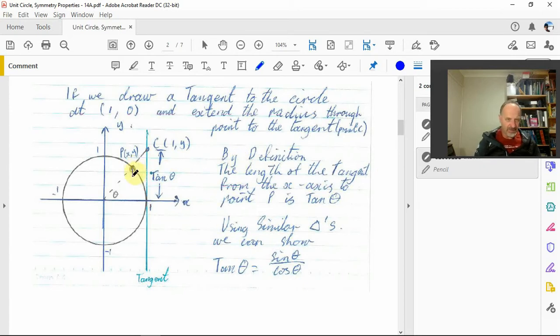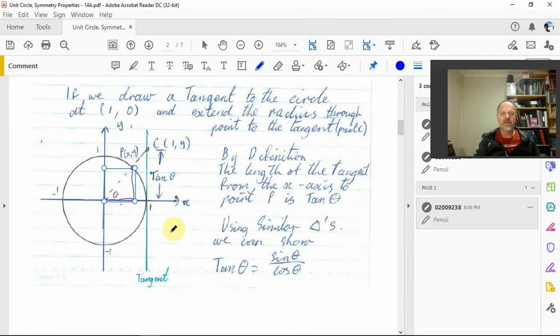Now if I put back in my other triangle, my sine and my cos, you'll notice I've got two triangles, a little one here and a big one there, which of course are similar triangles. Using those similar triangles, we come to the conclusion that the tan of theta is sine theta over cos theta also.